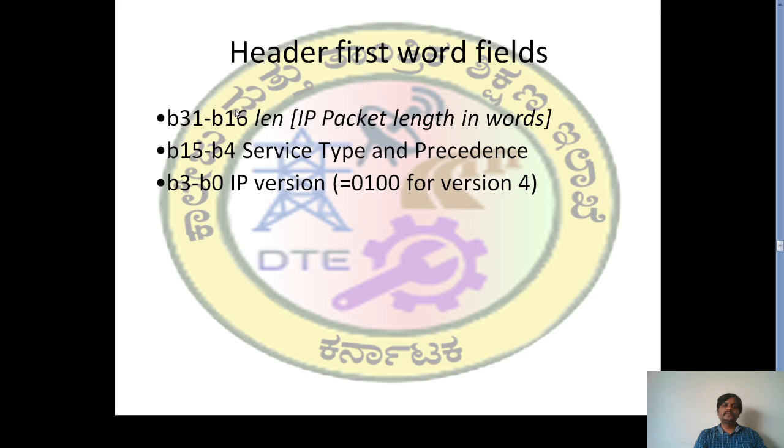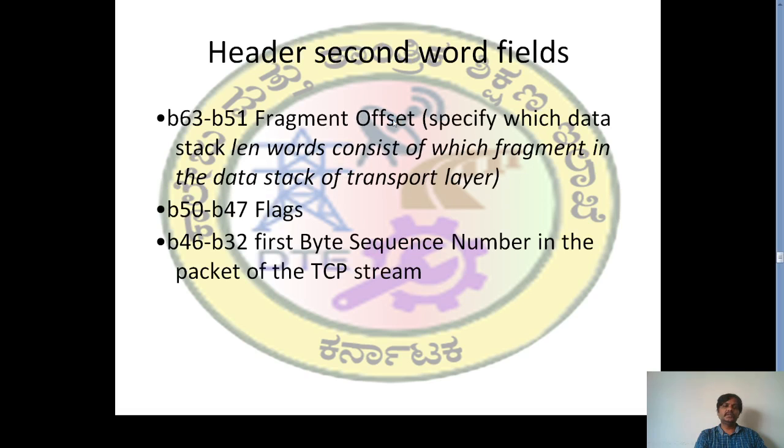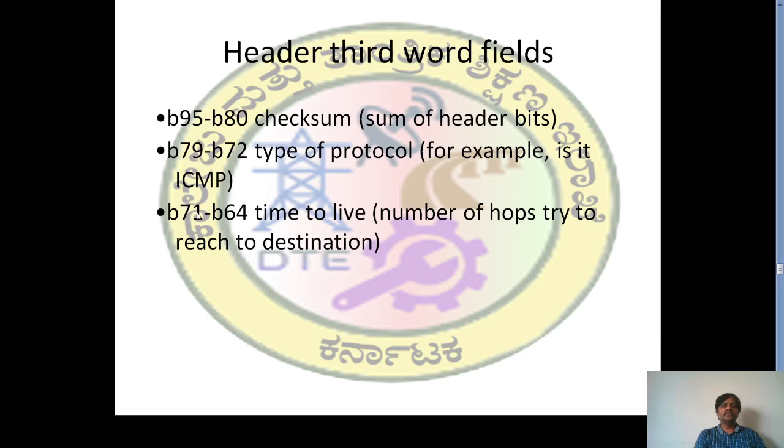Header first word fields: bit number 0 to 3, that is IP version, 0100 that represents version 4. 4 to 15 service type and precedence, 16 to 31 IP packet length in words, and 32 to 46 first byte sequence number in the packet of the TCP stream, 47 to 50 flags, 51 to 63 fragment offset, that will specify which data stack length words consist of which fragment in the data stack of transport layer, and 64 to 71 bit numbers, time to live, number of hops to reach the destination, and bit number 72 to 79 type of protocol.